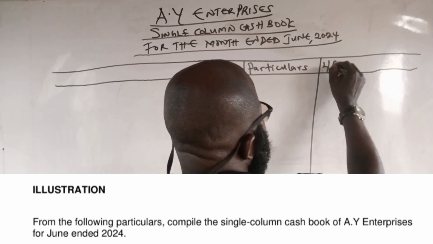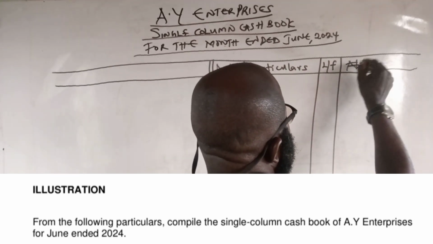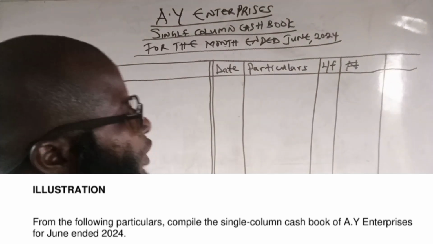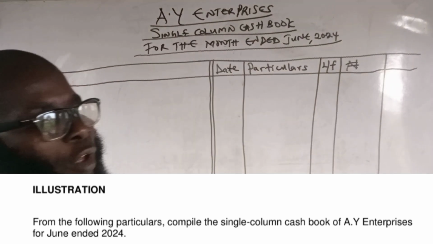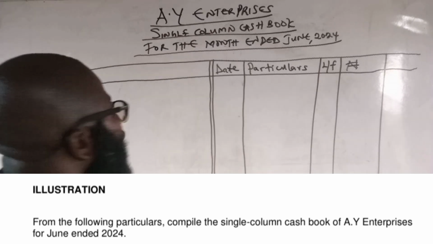Then this will be ledger folio. Then we have amount. It's either you put amount or naira, or probably the currency you want to make use of. It could be dollars, it could be cedis. It depends on the question you are solving.